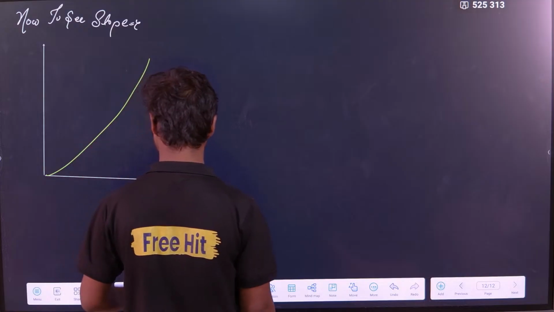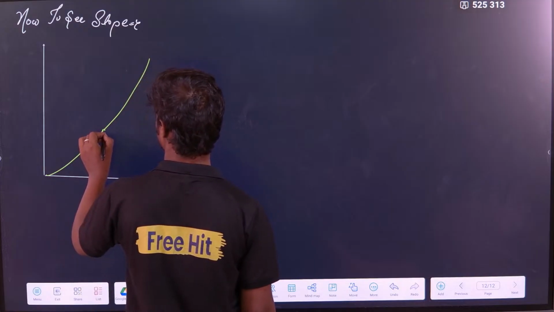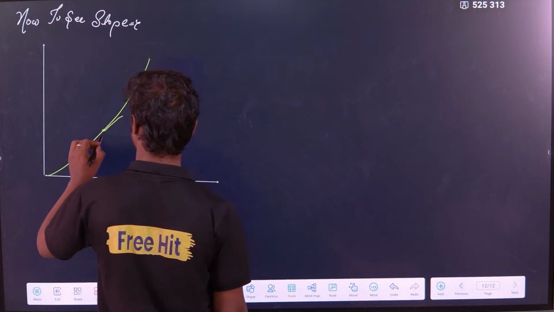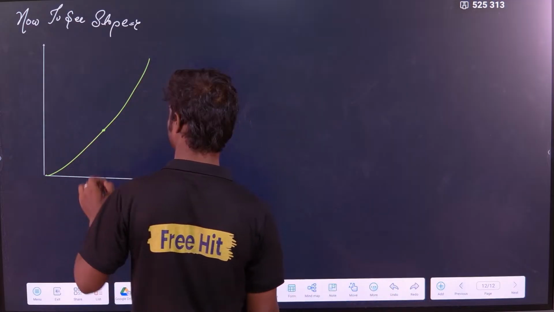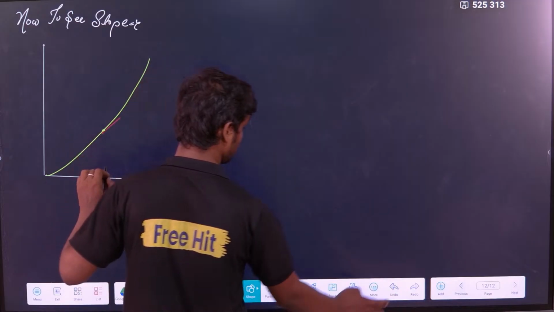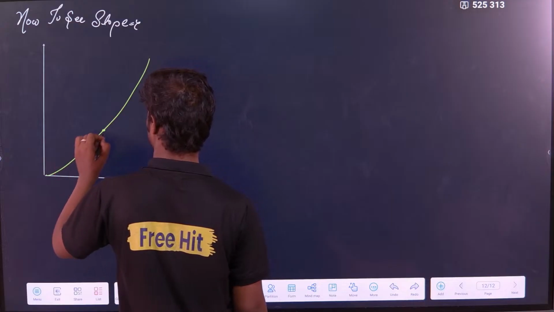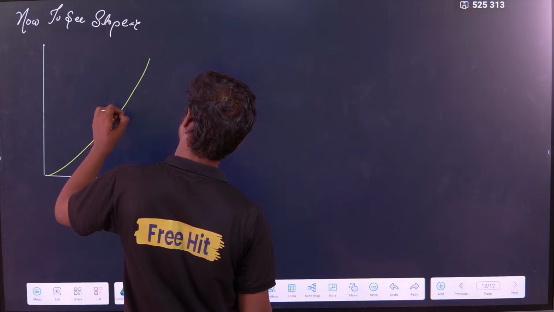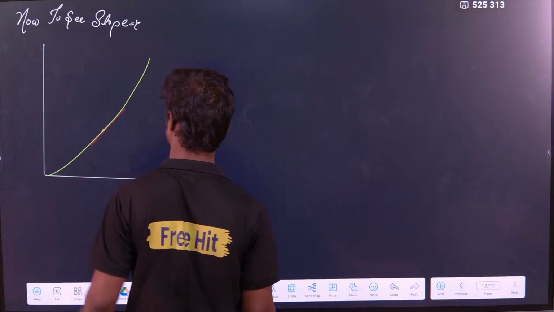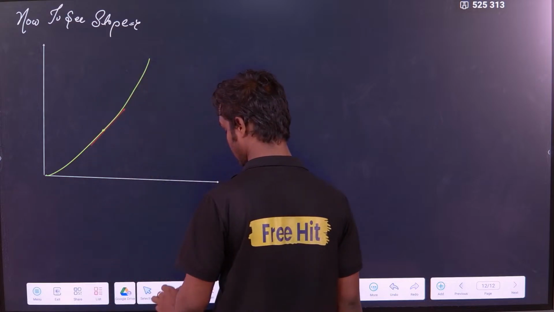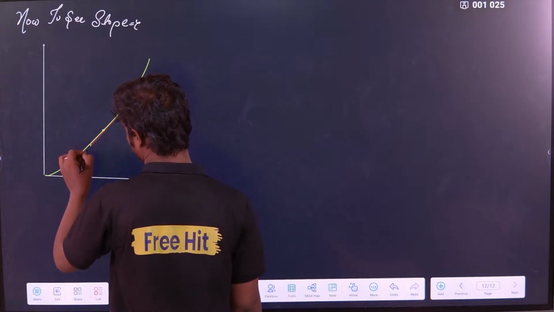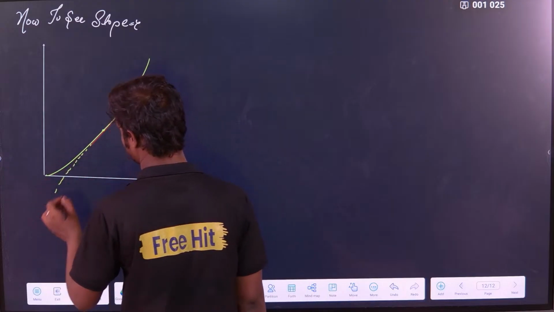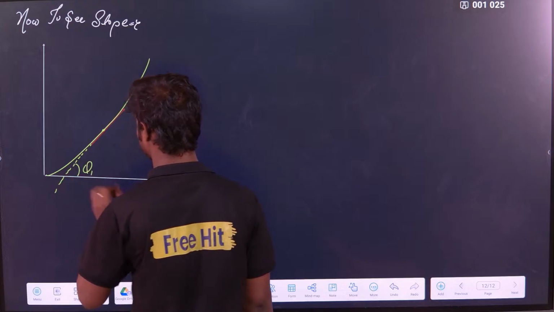Whenever you have to see the slope at a particular point, you just draw the tangent at that point, and just extend this line to the x-axis. You will get some angle theta 1.